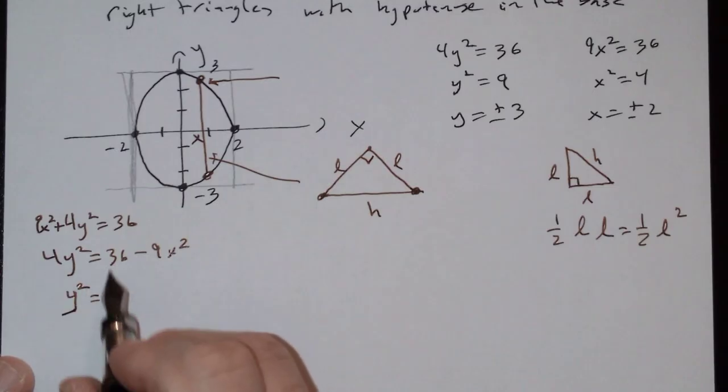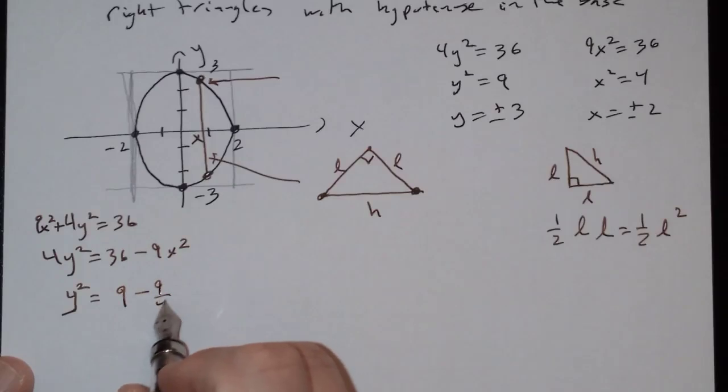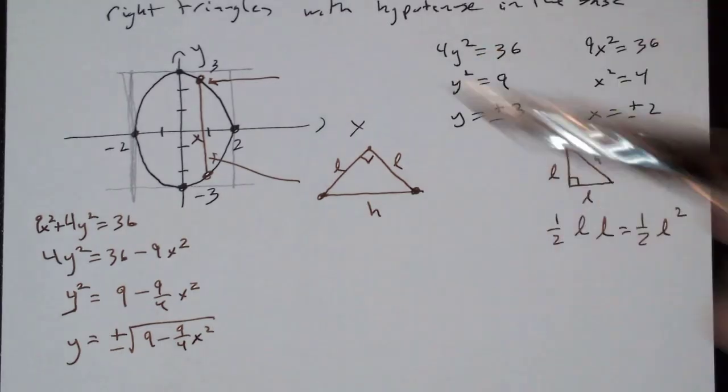Divide by 4. 36 divided by 4 is 9, minus 9/4 x squared. So I get a plus and a minus and a square root. Which one's that y value?